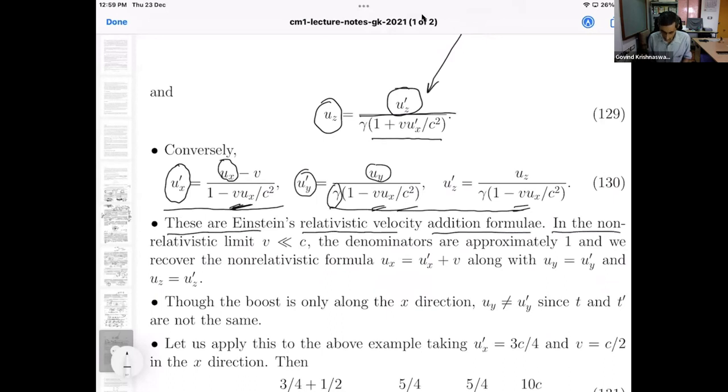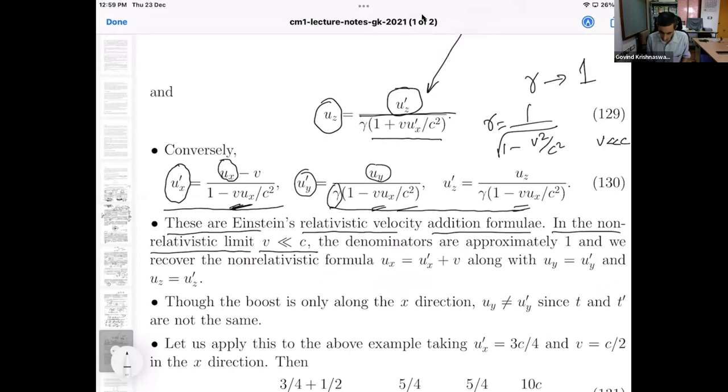Now, in the non-relativistic limit, namely where v is much less than c, gamma goes to 1, right? Remember the gamma was 1 upon square root of 1 minus v squared upon c squared. So when v is much less than c, gamma goes to 1.